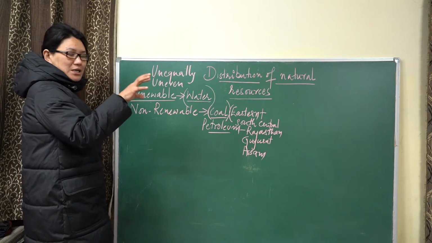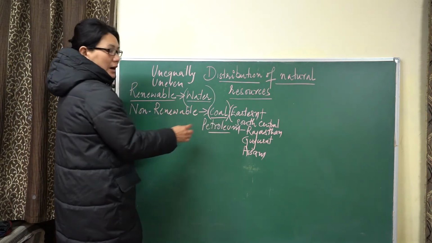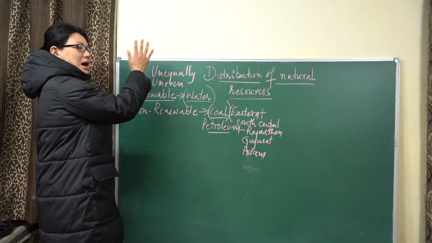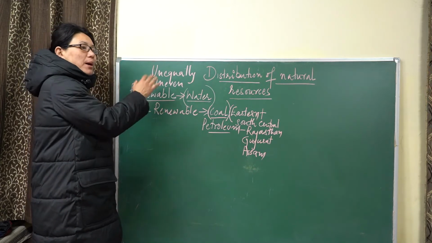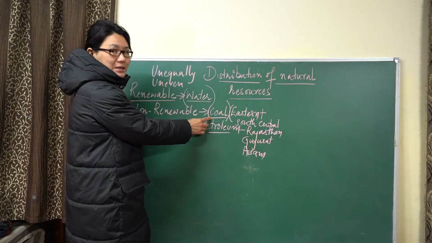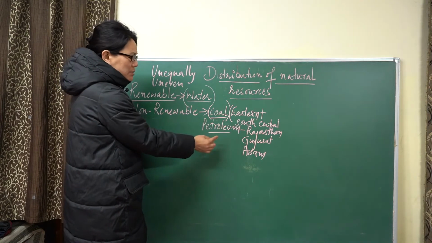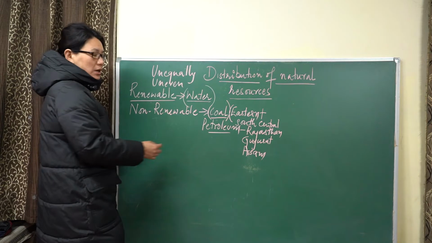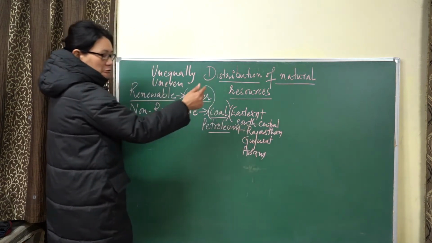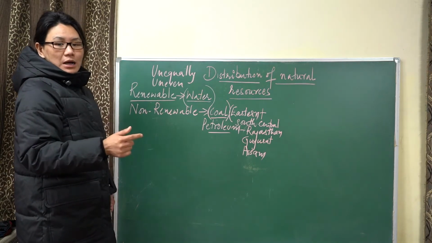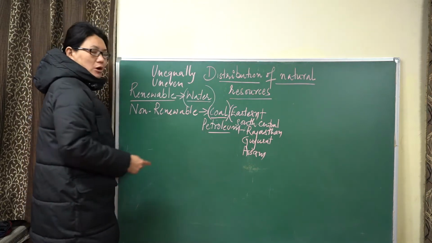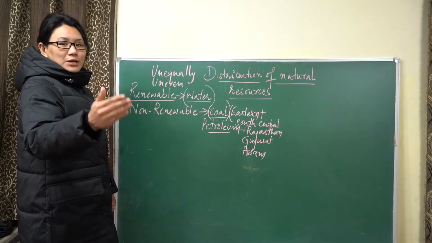In such places, coal is abundant in nature. Whereas in other parts of India, we are not getting coal. Similarly, petroleum. We find this petroleum resource in a few parts of India, but we will not find this petroleum in other parts of India.